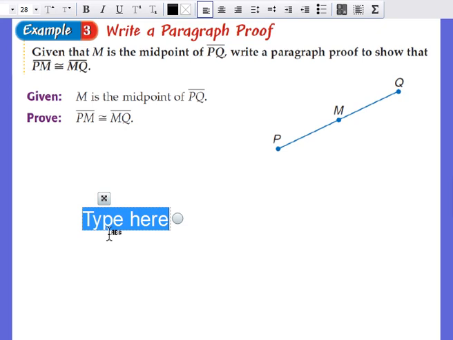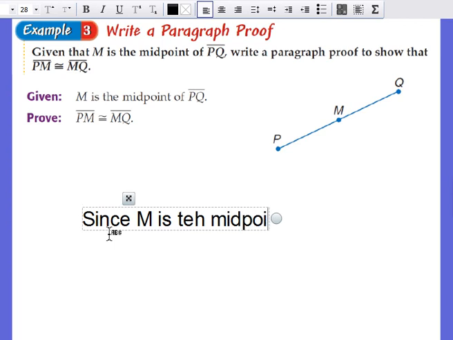But for me, since this is a paragraph proof, it means it's informal, so it doesn't have to be exactly in line with what we call sequential. So since M is the midpoint of PQ, there should be a symbol up on PQ, but since I can't put it, I'm just letting you know it's a segment.